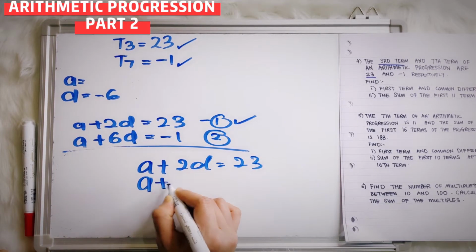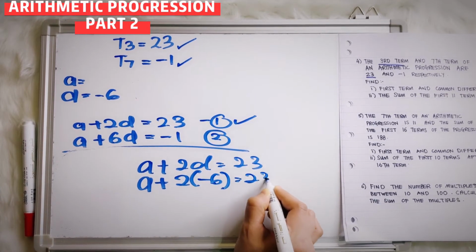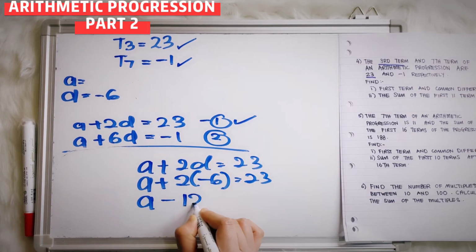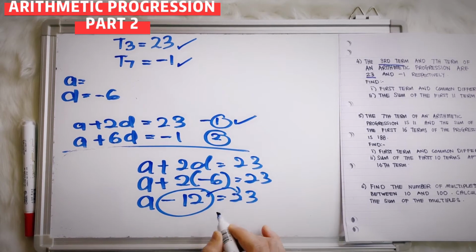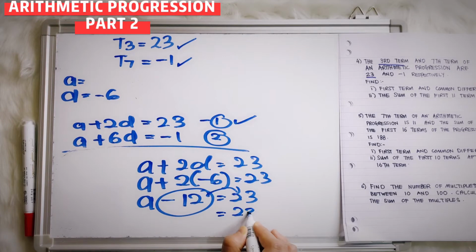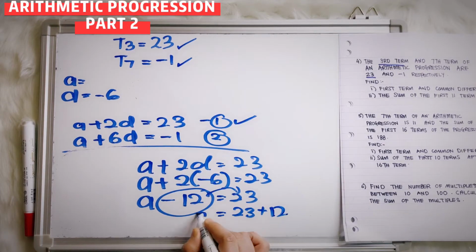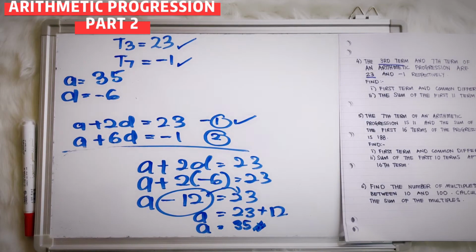We don't know our A value, so we proceed with D equals -6. So A, -2 times 6 is -12, equals 23. The -12 you bring to this side becomes positive, so your A now equals 35. So A equals 35. Settled A and D.